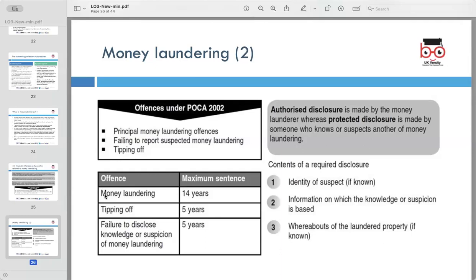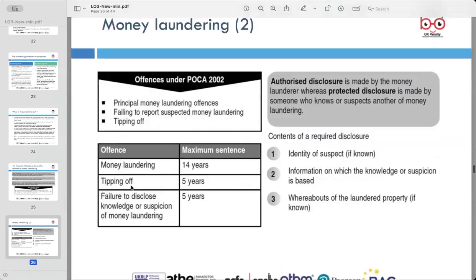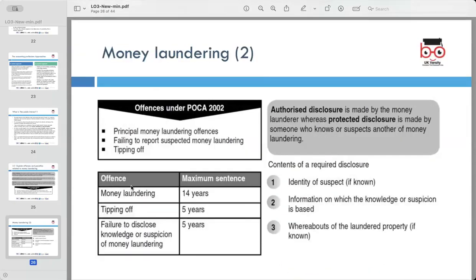Failing to report suspicion of money laundering carries a maximum sentence of 14 years, as you can see here, whereas tipping off, which involves disclosing information that may prejudice money laundering investigations, is punishable by up to 5 years.